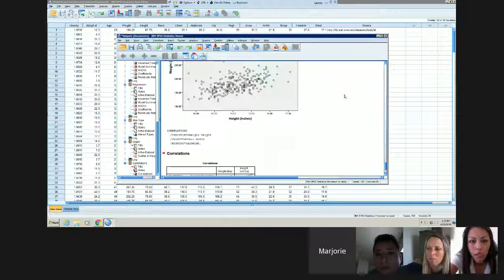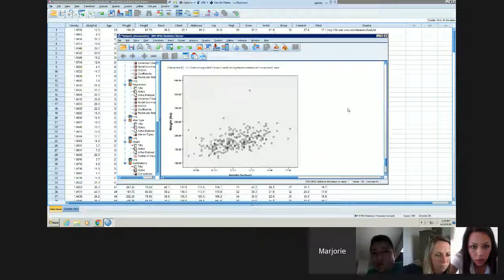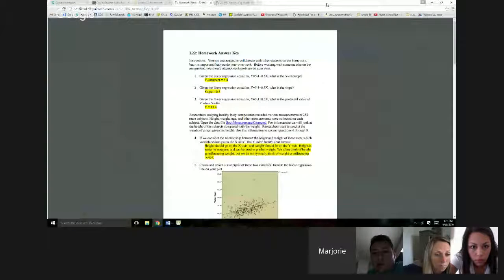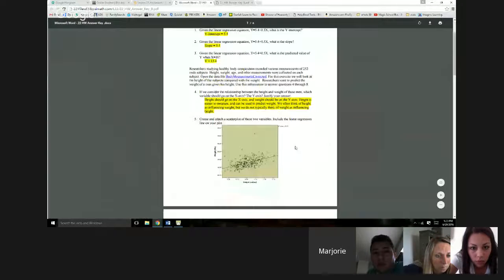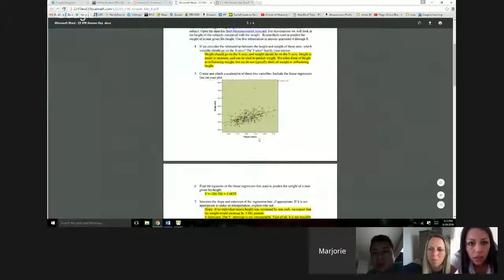I'm just wondering if there's anything I can do here on SPSS. We're looking for the y-intercept and the slope. Oh, well then all that is just those numbers, you guys. That's all those are. Where do you get those numbers, though? That's what I'm asking. Yeah, where do the numbers come from?